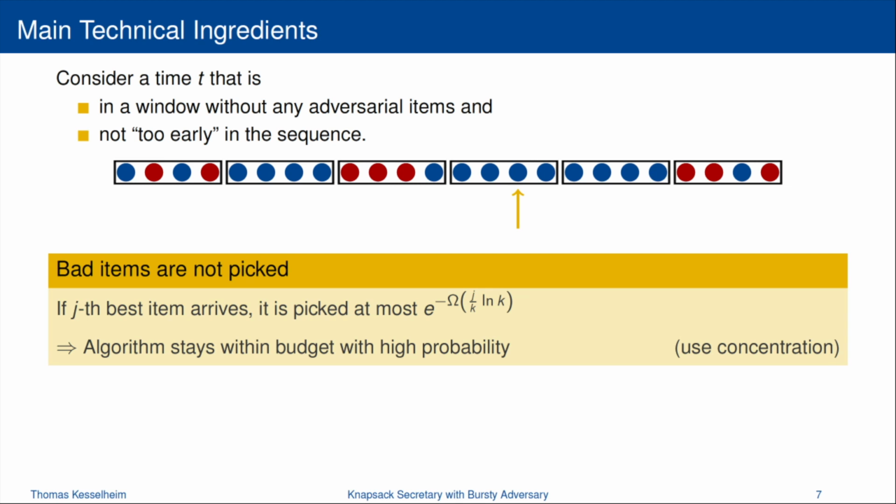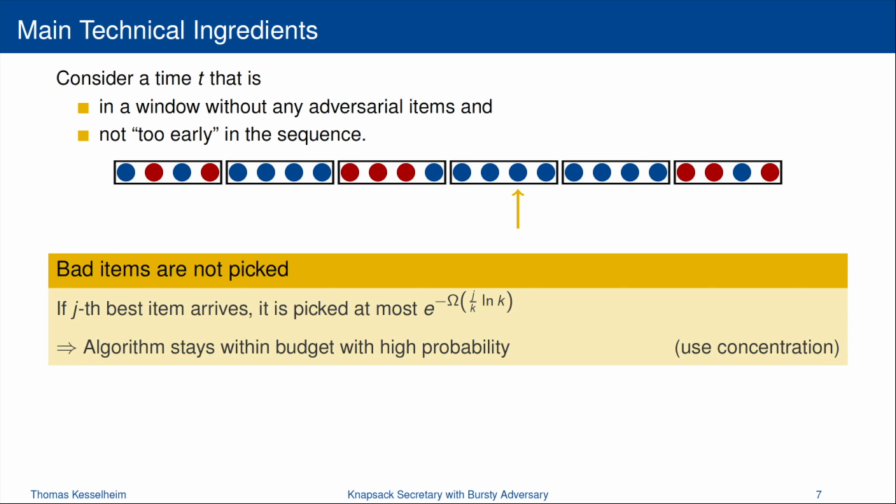Why is this true? How do we show that? Well, up to this point, quite a number of items that are better than this one must have arrived, which comes from the fact that there have been quite a number of random order rounds, and so by concentration also many of these rounds must have had better items.